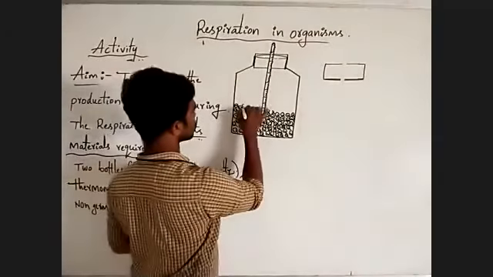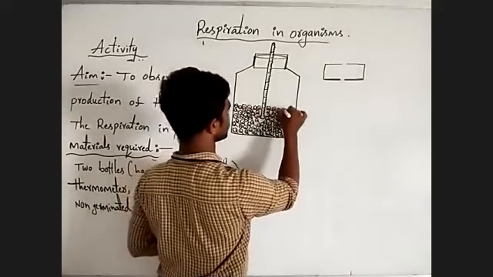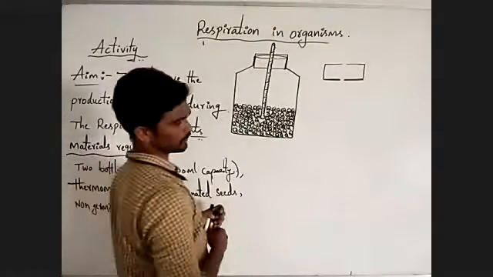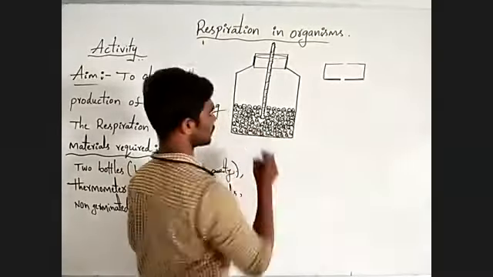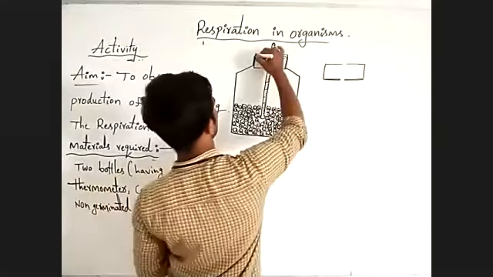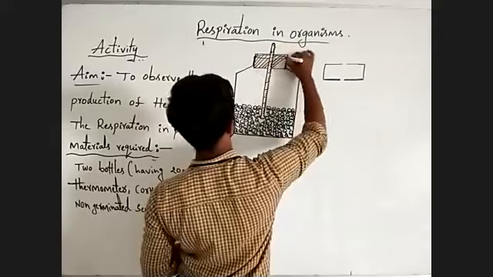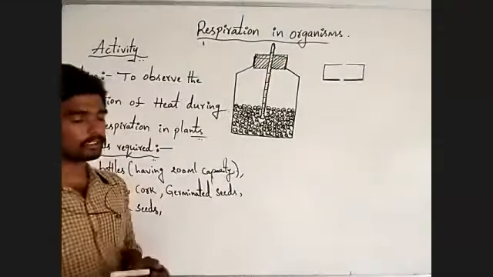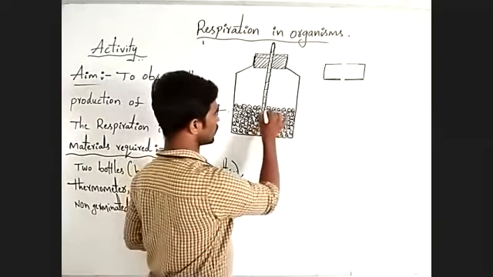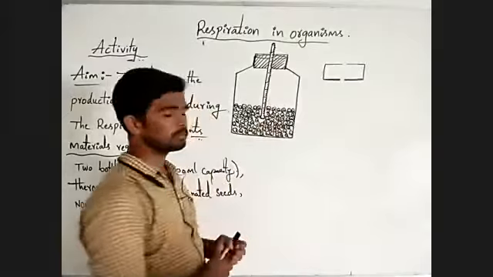Observe carefully. You have to insert the thermometer into the germinated seed through the hole formed in the cork. Here another important precaution is this node of the thermometer should be inside of the germinated seed.